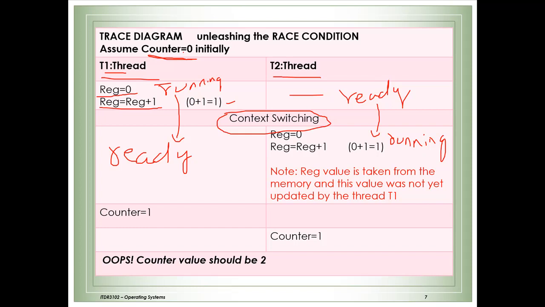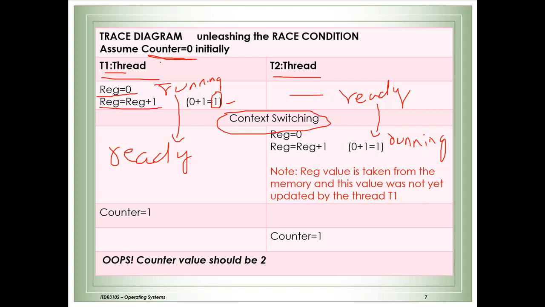You can say that the value of the counter has been updated to 1. But please understand, for thread T1 the value is updated at the register level. It is not yet updated at the memory level.